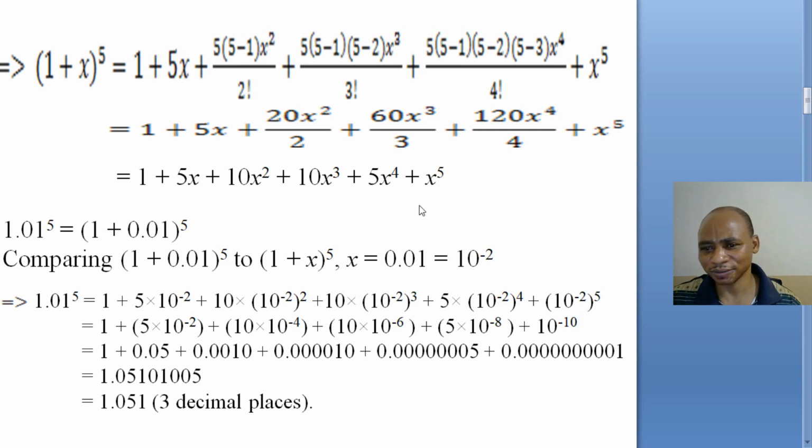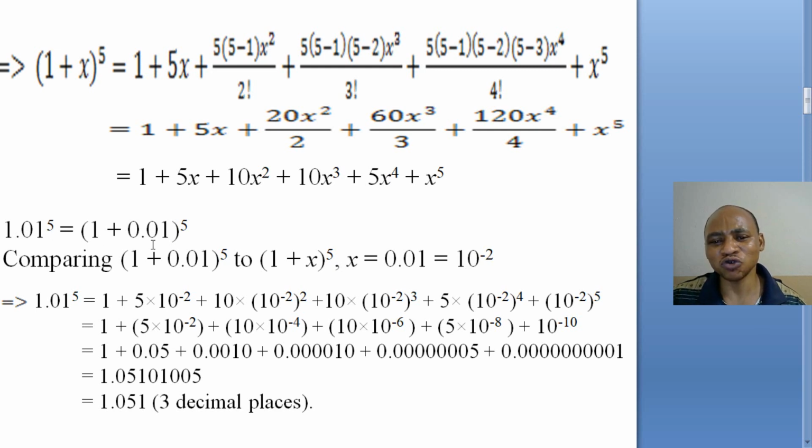Now from the question, you might see the word hence. Hence here means whatever we got in our previous solution, we are to apply it in solving the subsequent solution. So the question stated that hence evaluate 1.01 raised to the power 5.